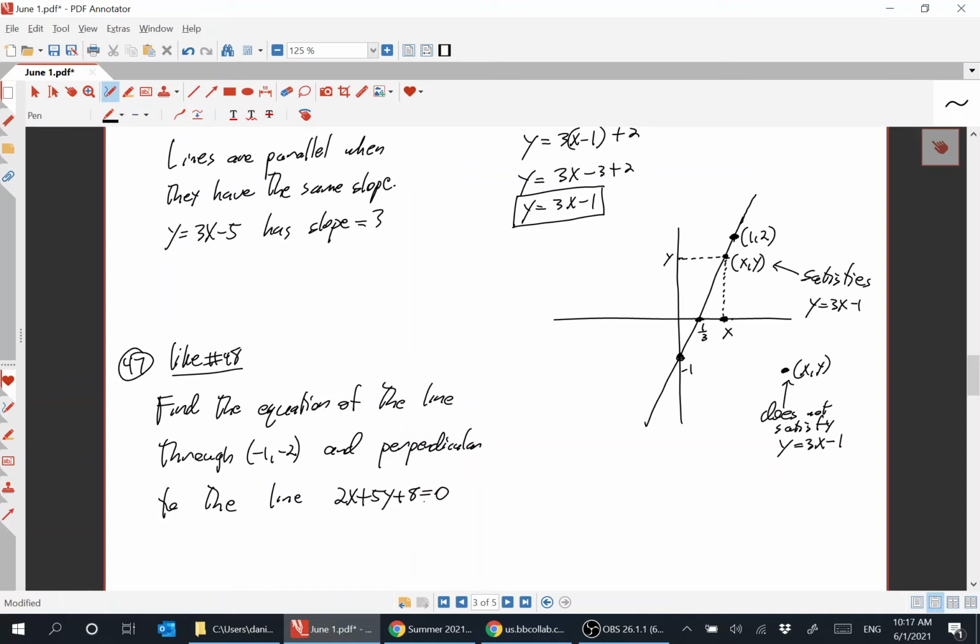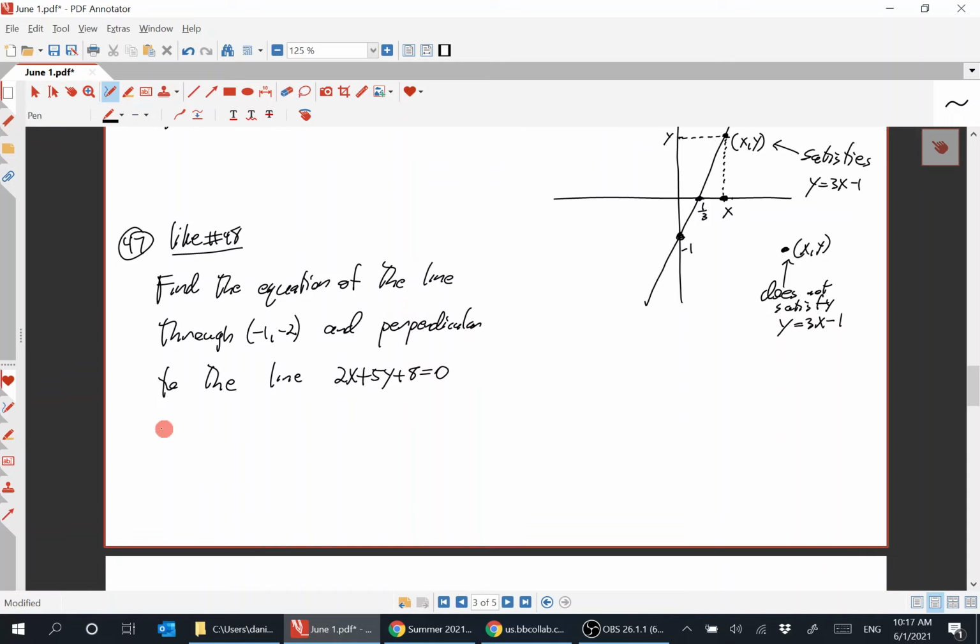Okay, and you will need to do that because, right, two lines are perpendicular.